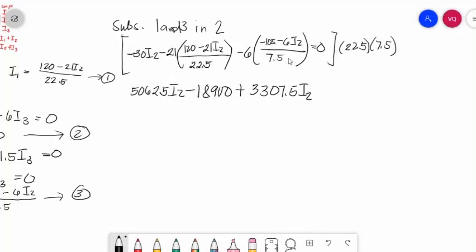Next, 7.5 cancel. So, you will have 22.5 times negative 6 times negative 105. So, that is positive 14,175. Negative 6 times negative 6 times 22.5. So, positive 810 I2 is equal to 0.